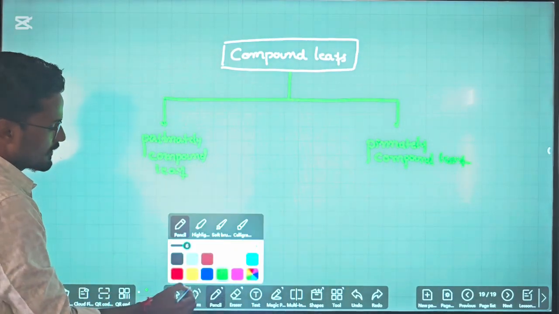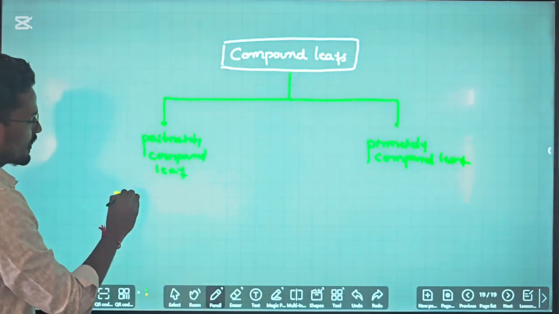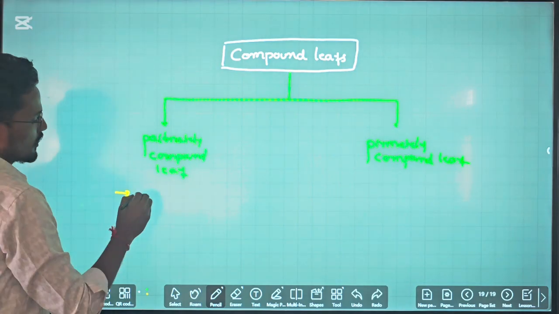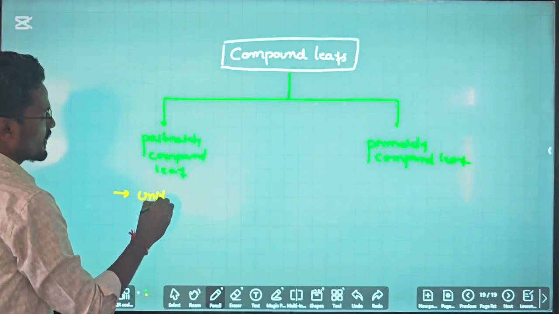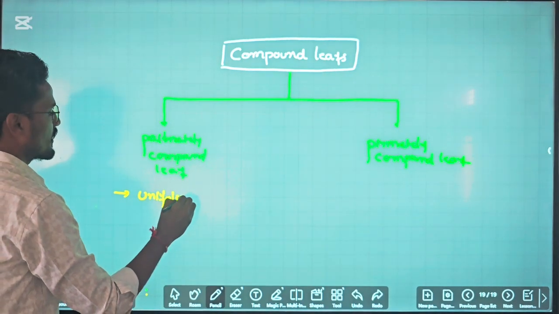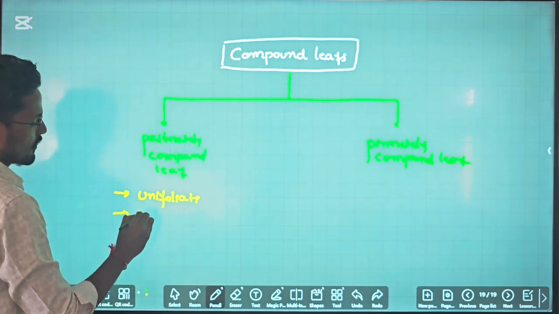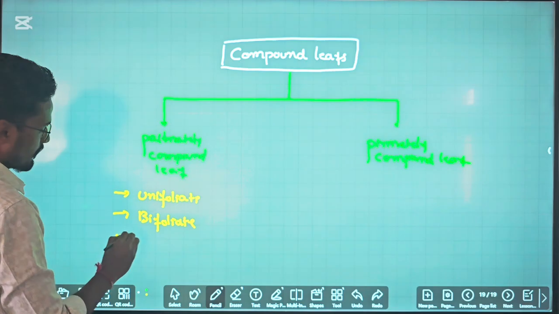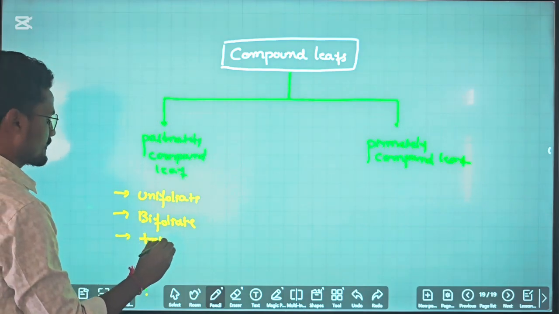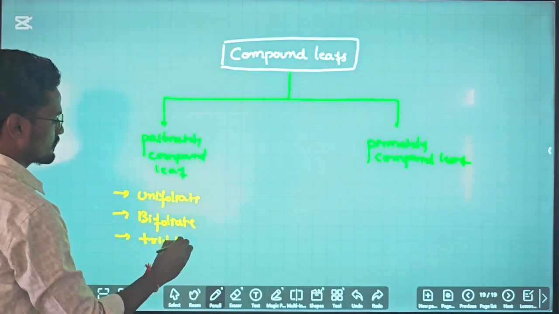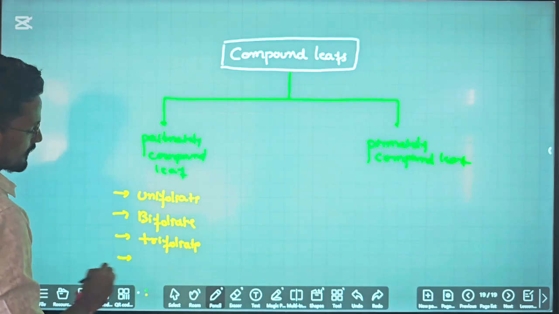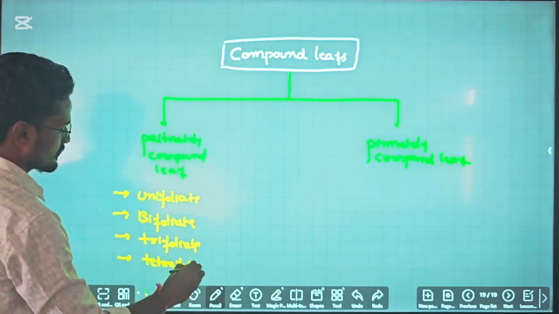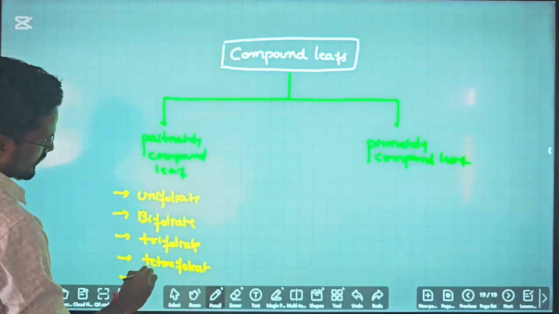In the palmately compound leaf, there are a few further types: unifoliate, bifoliate, trifoliate, tetrafoliate, and multifoliate.